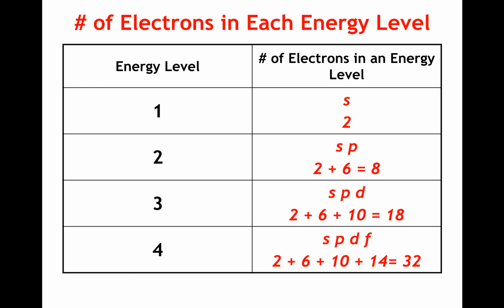The third energy level is SPD, giving you 18 possible electrons in the third energy level. The fourth energy level has S, P, D, and F orbitals, 2 in each with different numbers of suborbitals, giving you a maximum total of 32 electrons for an atom in the fourth energy level.